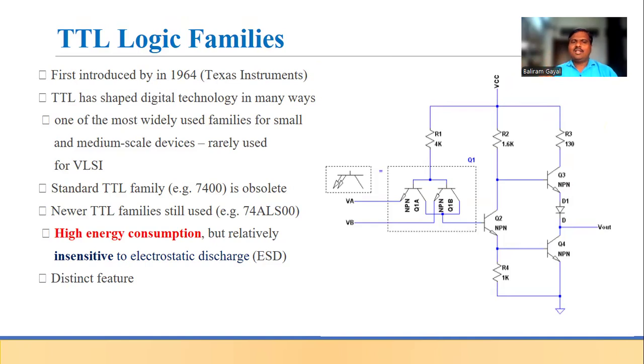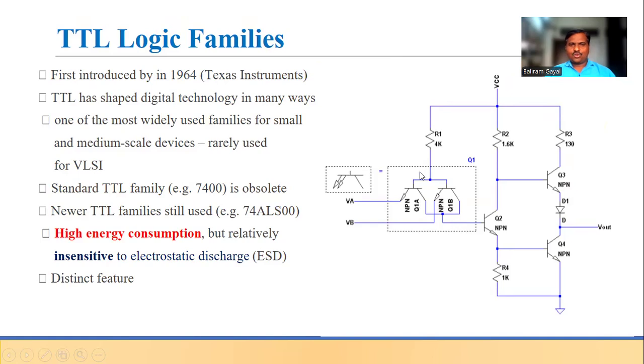In the standard TTL family, for example, 7400 has now become obsolete. A newer transistor logic family still used is 74ALS00. It has high energy consumption, but is relatively insensitive to electrostatic discharge, and has distinct features.